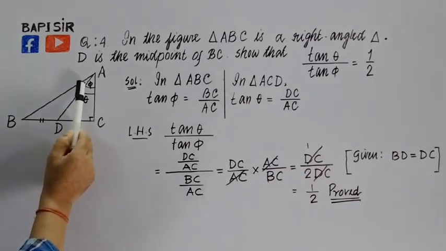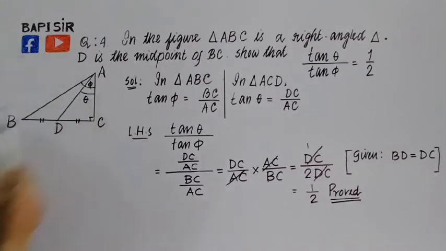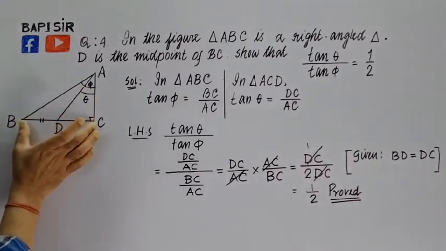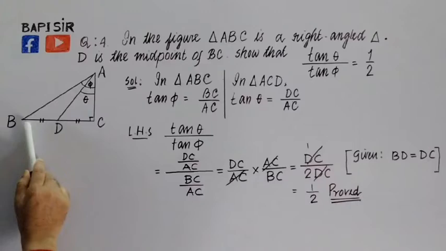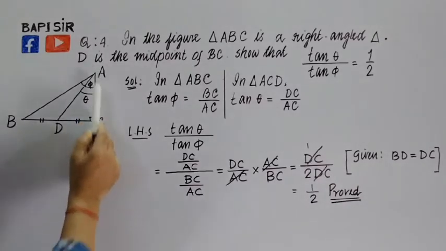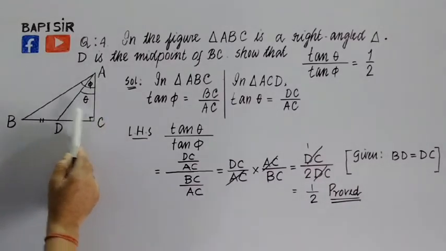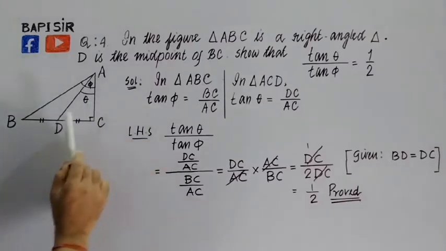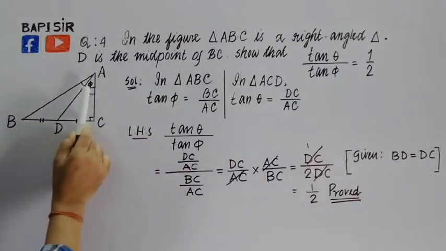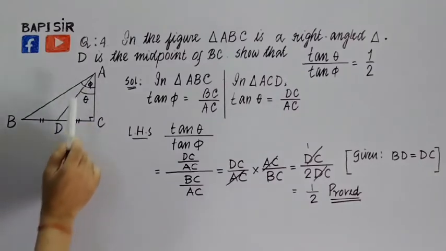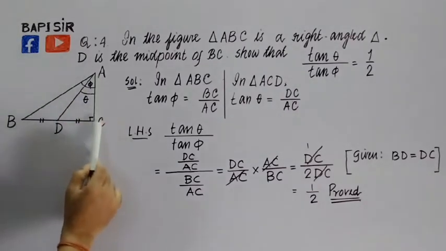So this is the angle of reference, that is phi, and its opposite side is this. This is the perpendicular. So tan phi is equal to perpendicular by base. This is base, and 90's opposite side is hypotenuse. So tan phi is equal to perpendicular by base, perpendicular BC and base AC.